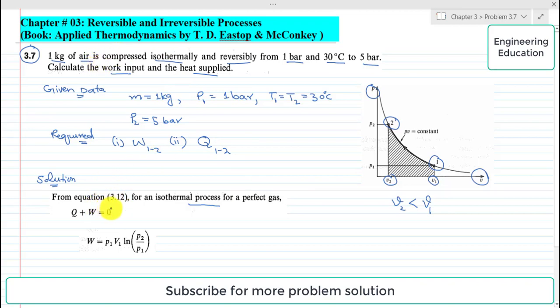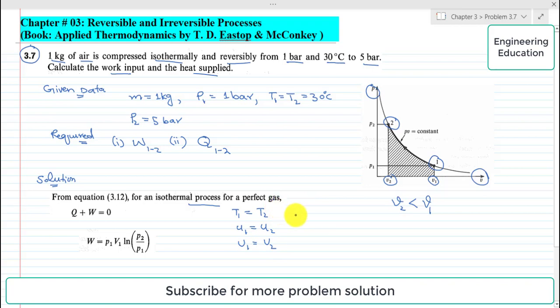So for that the non-flow equation will be Q plus W is equal to 0, because we have discussed it in problem 3.5 as well. As the temperature T1 is equal to T2, due to this the specific internal energy or internal energy will also be equal to each other. So we can say that U1 will be equal to U2.